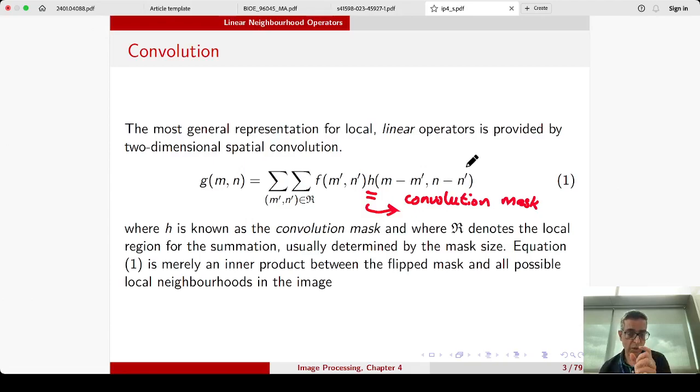So that's how you can understand the operation of the inner product, where m dash and n dash are the coordinates you're summing over. Because you sum over these coordinates, they're going to disappear from the output. And so if I set m equals 0 and n equals 0, what I get is g at 0, 0.